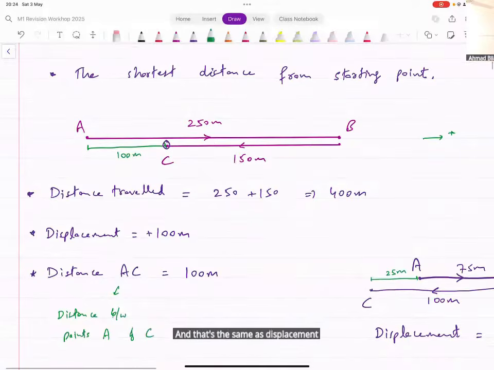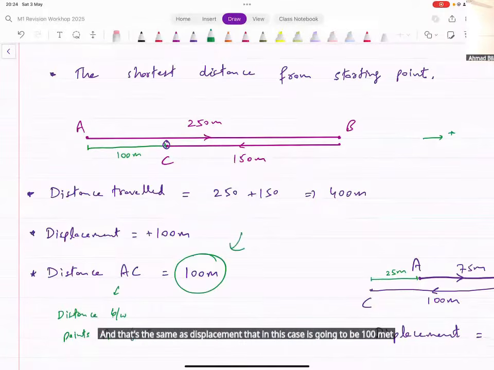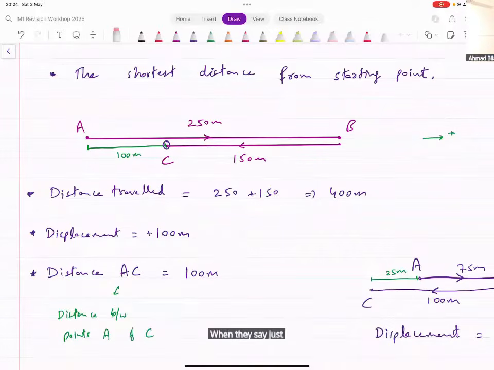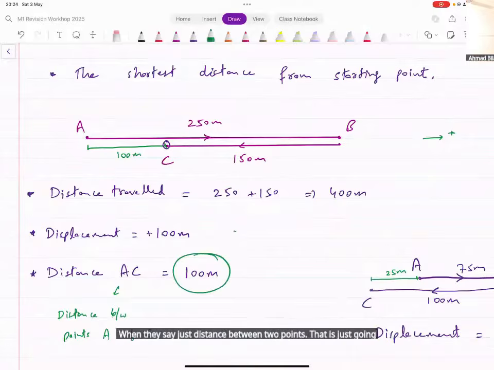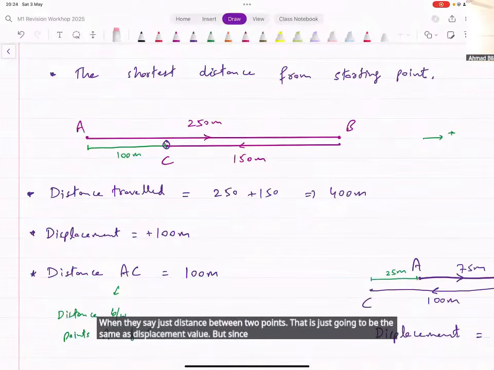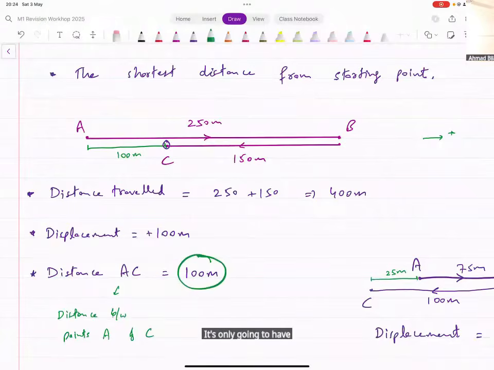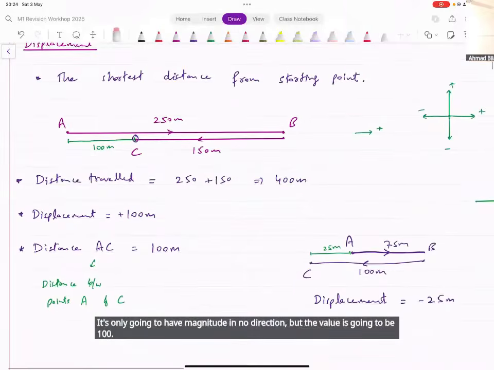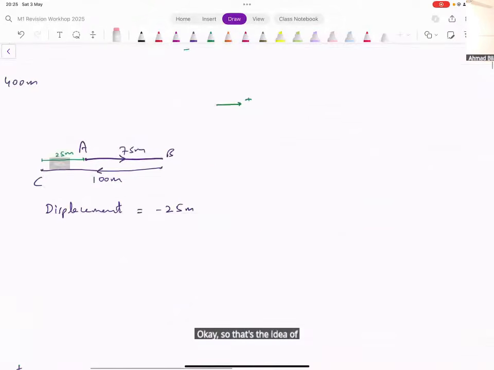That in this case is going to be 100 meters as well. That is not 400 meters. So when they say distance traveled, you add these two. When they say just distance between 2 points, that is just going to be the same as displacement value. But since they're talking about distance here, it's only going to have magnitude and no direction, but the value is going to be 100. Okay, so that's the idea of displacement and distance.